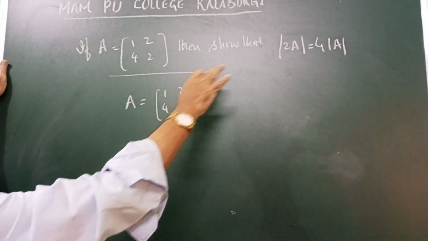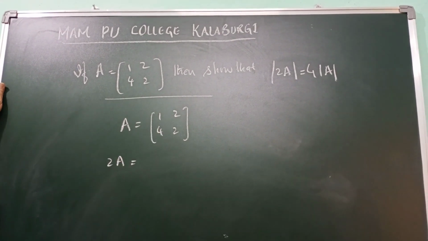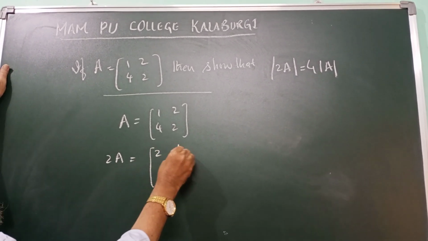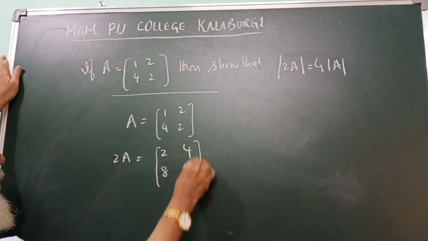Now, when we multiply to a matrix, we know all elements are multiplied by the term. Here it is 2, 4, it is 8, it is 4.